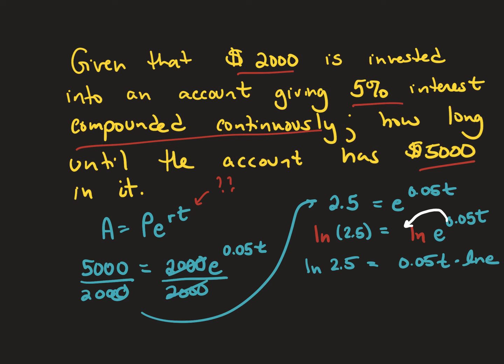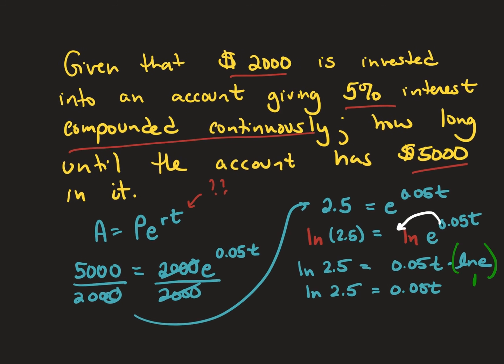The nice thing about using ln e, ln of e, since those have the same base and exponent, this is just 1. So that kind of doesn't even play into the problem. So we just get natural log 2.5 equals 0.05t.